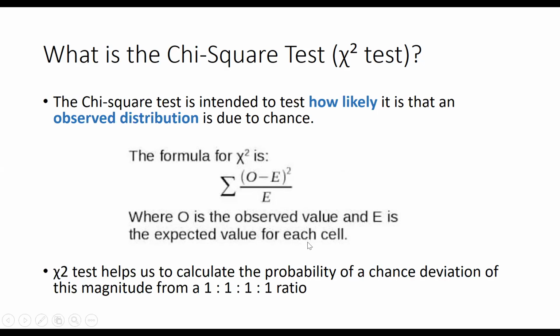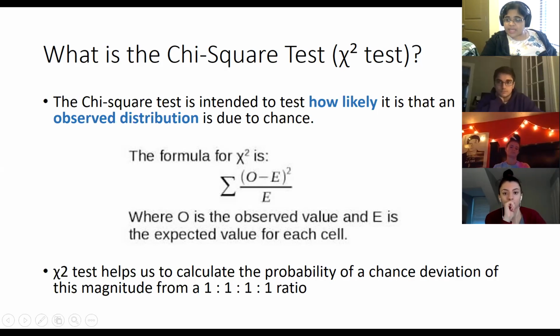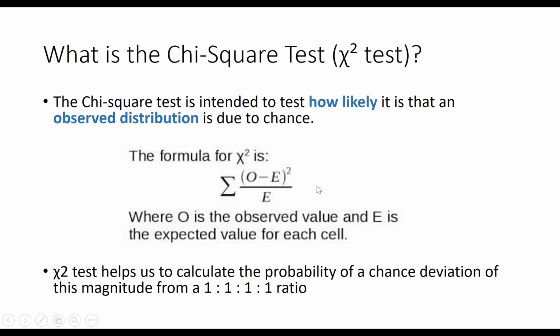So in this case, it allows us to calculate the probability of a chance deviation of this magnitude from a 1 to 1 to 1 to 1 ratio, right? You have the 4 different genotypes, and you want to see how much of a deviation there actually is, okay?